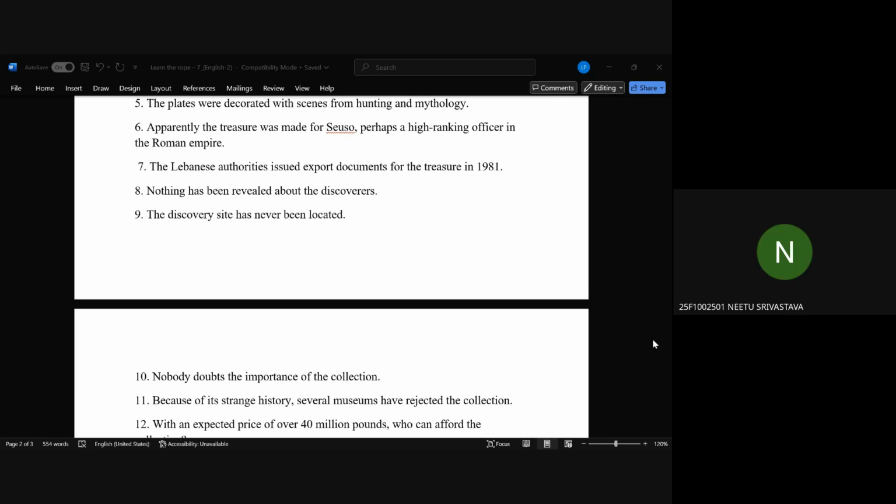Ma'am, in the sentence, swimming is a health building activity, swimming is a gerund. And in the second sentence, learning is a gerund? It's not a gerund. That's what we were saying.